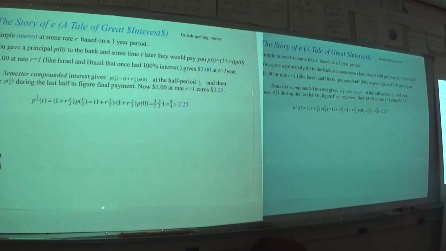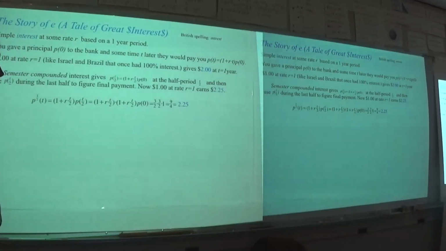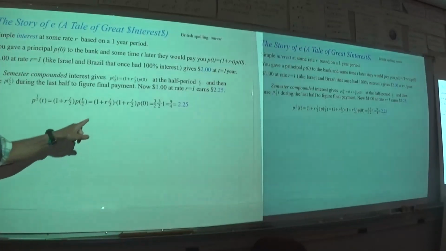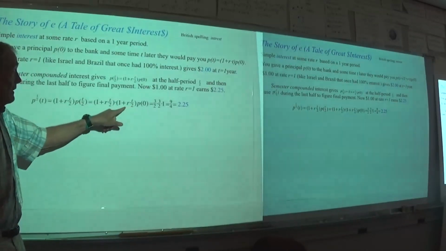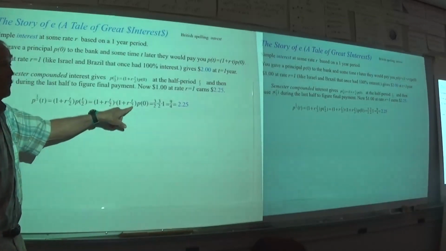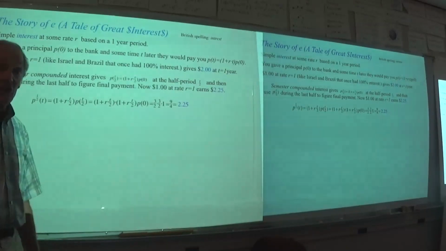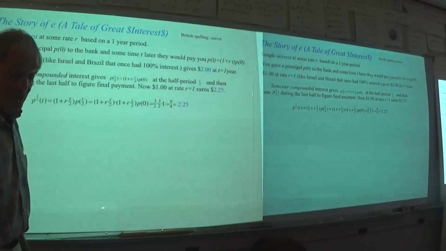I was a little kid, and the banks were starting to do this, and advertising it as a good way to get more money in your account after a year. And this time, that adds another 25 cents to your account, because you do this twice with the interest rate, whatever it is, which you multiply by time over 2. You do it in 6 months, and then another 6 months.